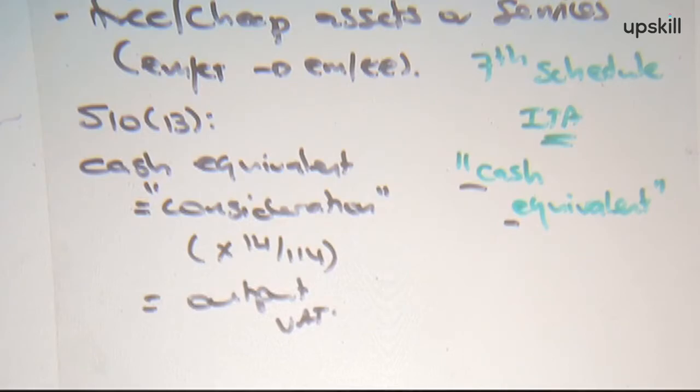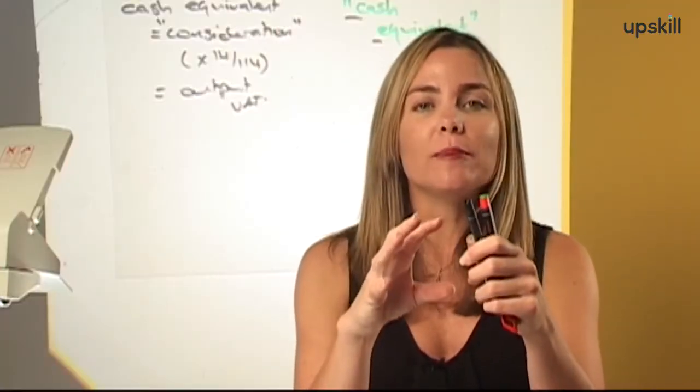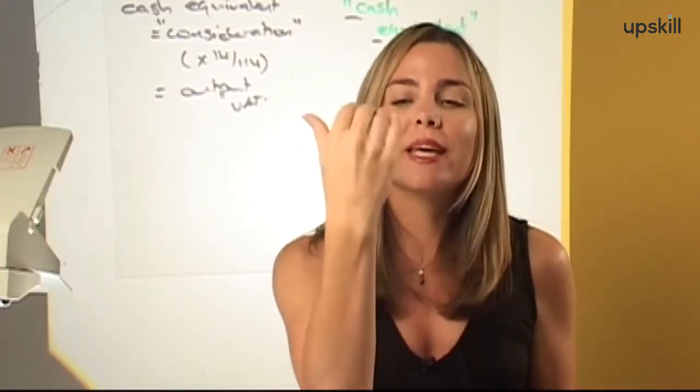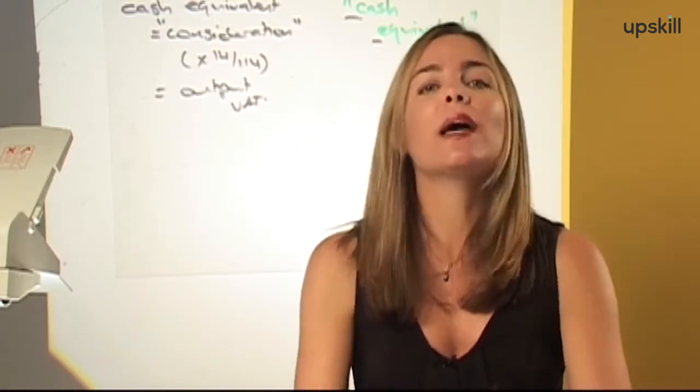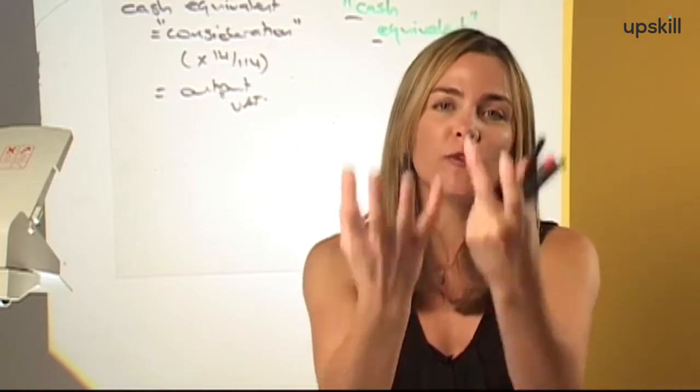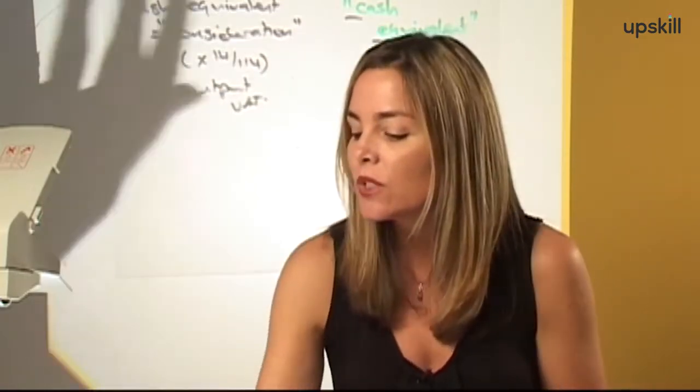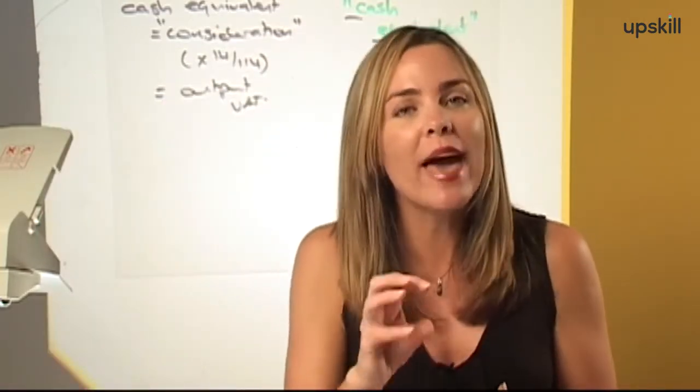Now, we've got to measure these two terms against each other because the cash equivalent in the 7th Schedule becomes consideration for the supply in terms of Section 10(13) of the VAT Act.